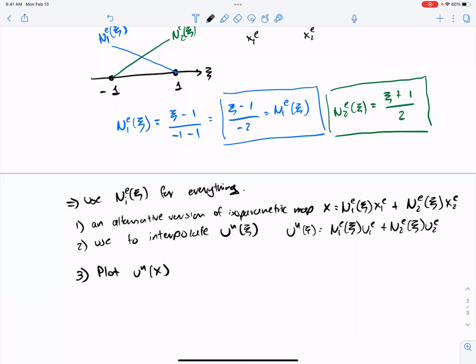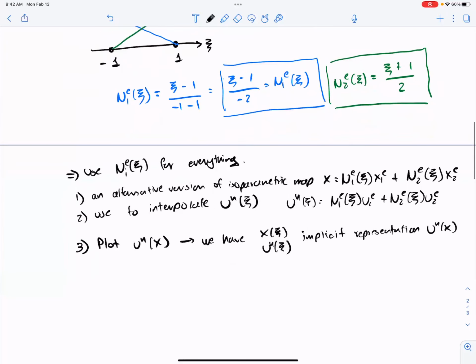And so what you need to notice here is that we have x as a function of xi and u as a function of xi. So we have an implicit representation for u. We don't have an explicit representation of u as a function of x, but we have both as a function of xi.